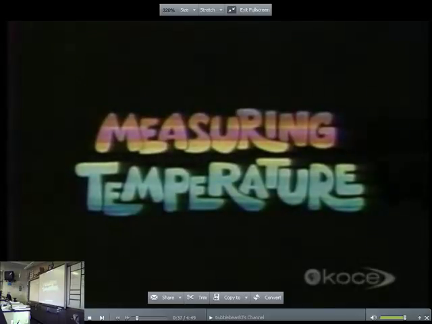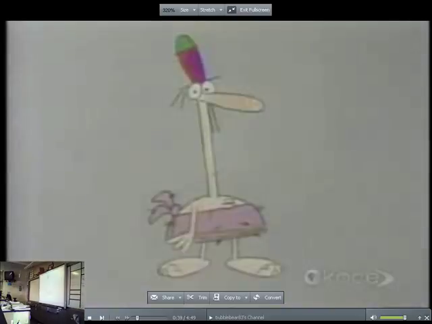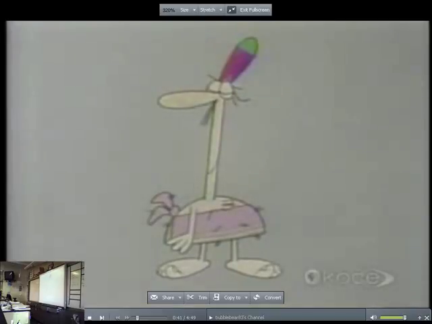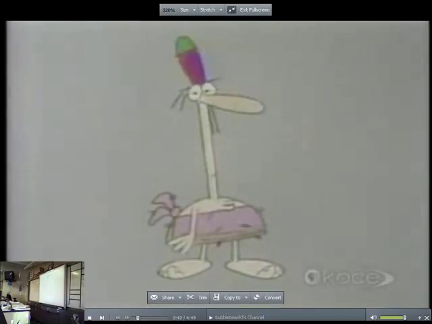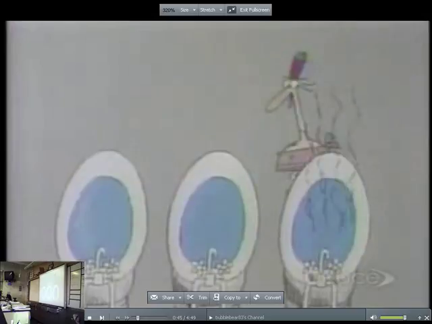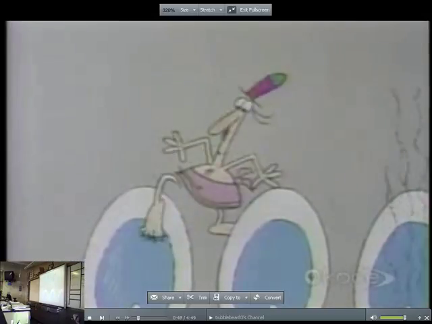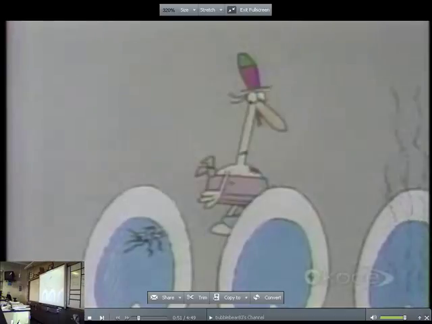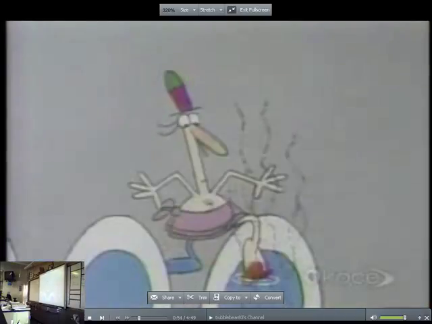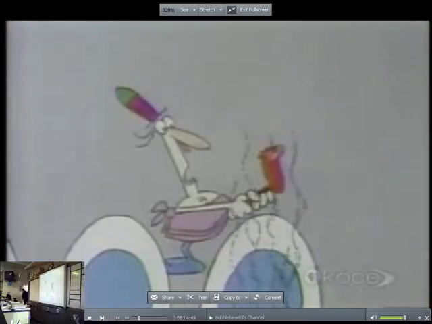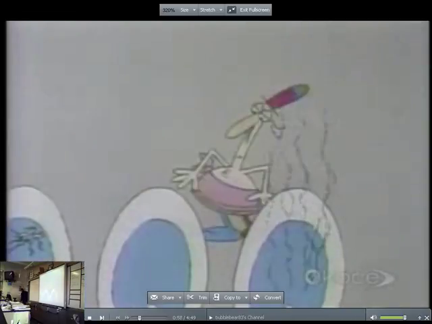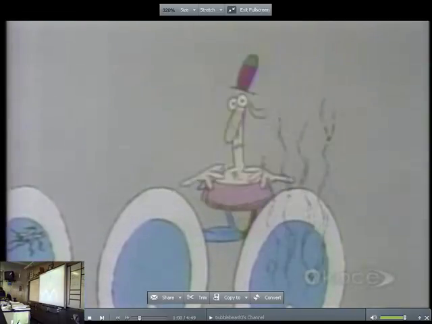And now, measuring temperature. Can you tell whether something is hot or cold? In that case, decide which of these three bathtubs you'd like to step into. This one, which is freezing cold, or this one, which is boiling hot, or this one, which is neither too hot nor too cold.